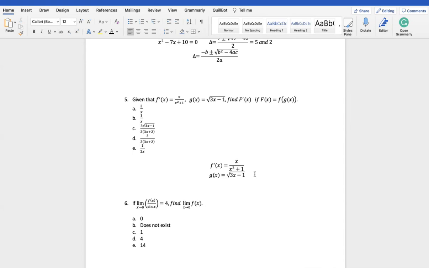If you're trying to solve a question and it takes you 15, 20 minutes, you should definitely know that you're going about it the wrong way. These multiple choice questions are made for you to be able to quickly find the solution without going through a lot of steps that consume a lot of time that you don't have.